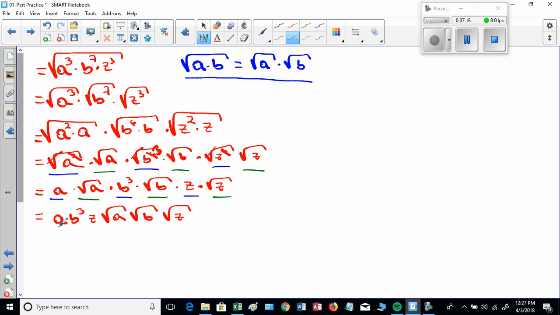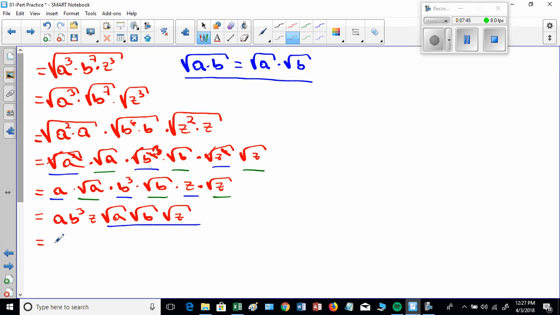Now, these three terms right here, a times b to the third times z to the first, there's nothing you can do with them. But these radicals, we're going to apply this property backward now. So we're going to go from here to here now. If you're multiplying two radicals with the same index, they have to have the same index, you can rewrite the expression using only one radical and multiplying the two radicands. So in this case, this expression right here could be combined back under one radical only.